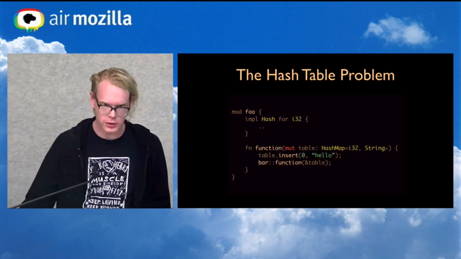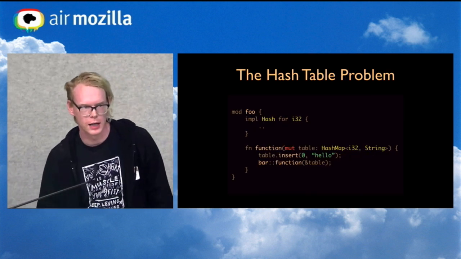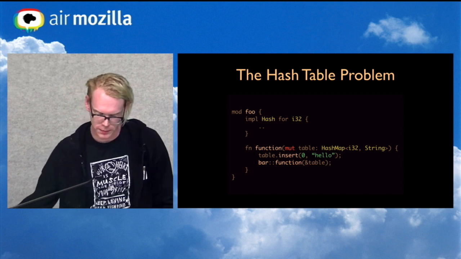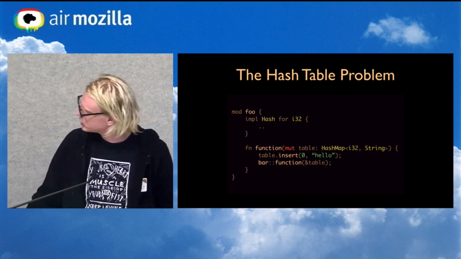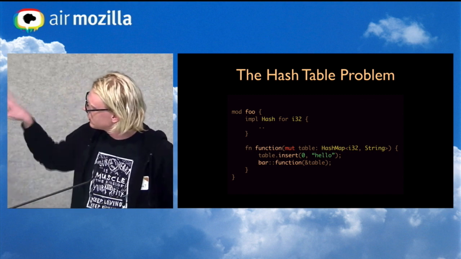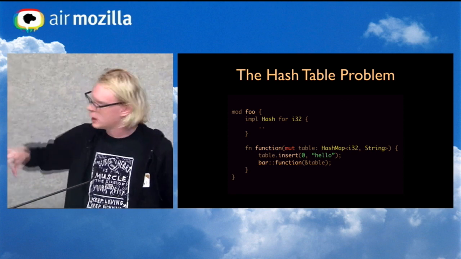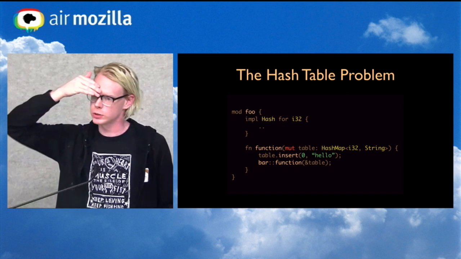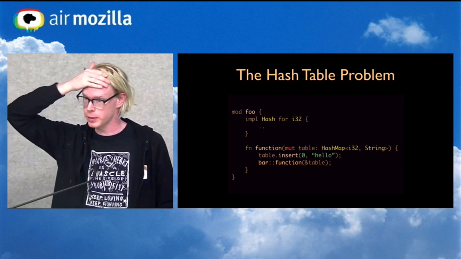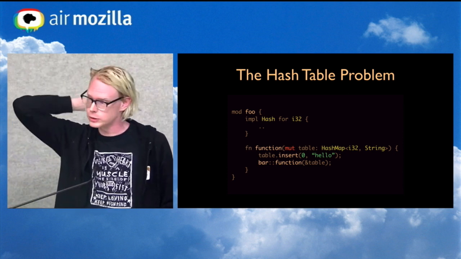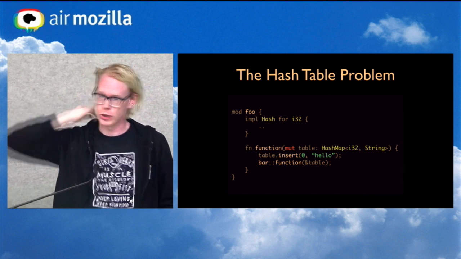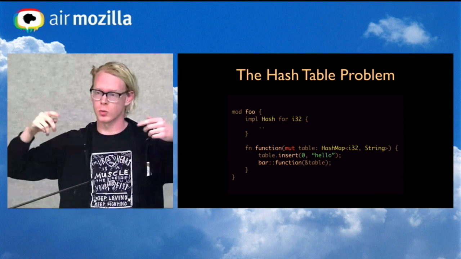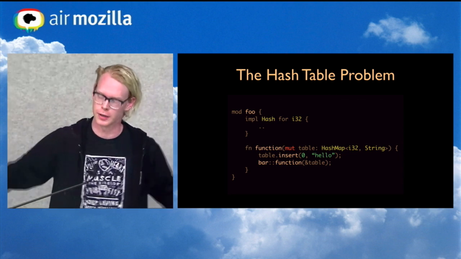And the reason that coherence is important is what's called the hash table problem. Imagine a language that didn't have coherence. Scala is an example of a language with a feature like traits, but they aren't coherent. In Scala, impls will start looking in the current module and then have rules for expanding the search out from there.